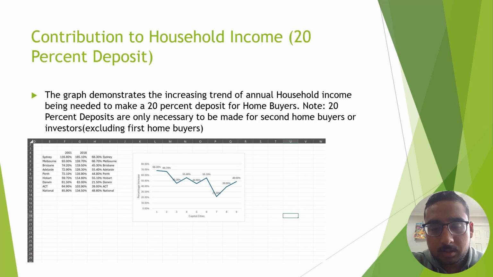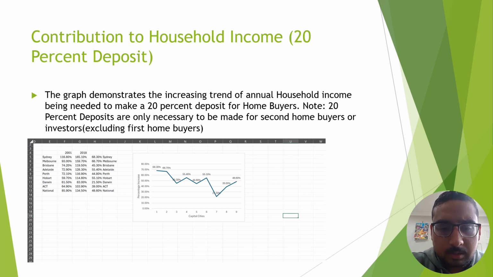So now this is a graph on the contribution to household income, which is about a 20% deposit. Now, a 20% deposit would not be for first home buyers, as some of the government schemes only allow for a 5% deposit. So 20% deposits are generally for investors. We can see that from 2001 to 2018, the contribution that household income has to make to get a 20% deposit has been much higher.